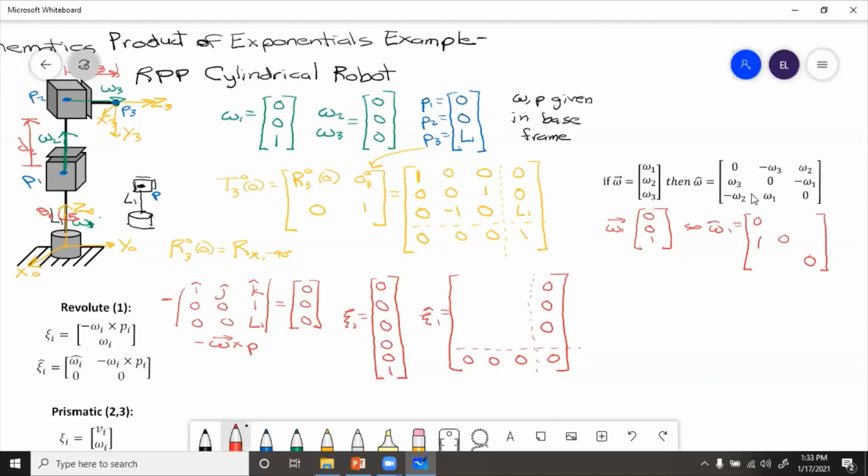So here we'll have 1, negative 1. And then the first and second components are just 0. So we have 0, 0, 0, 0. So this means that our psi hat 1 vector is going to be 0, minus 1, 0, 1, 0, 0, 0, 0, 0. So there's lots of zeros here, which is going to be convenient for when we actually do the multiplication.